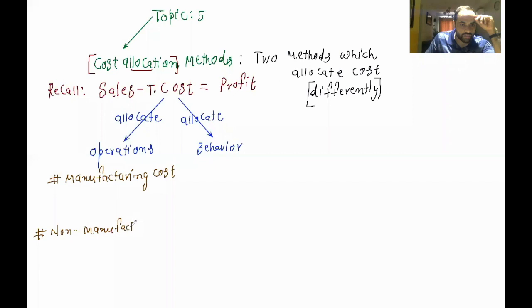Non-manufacturing cost, right? Manufacturing cost and non-manufacturing cost.